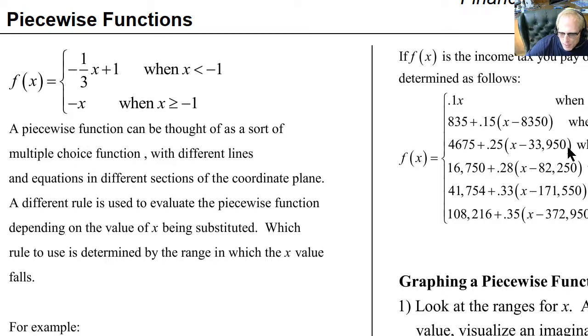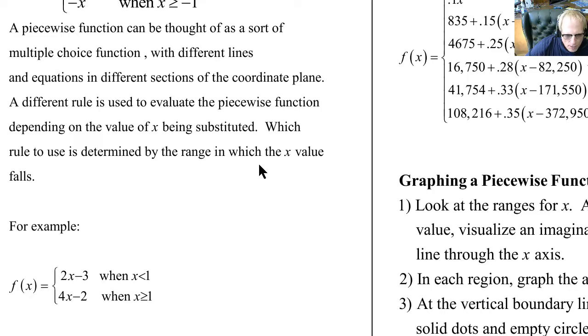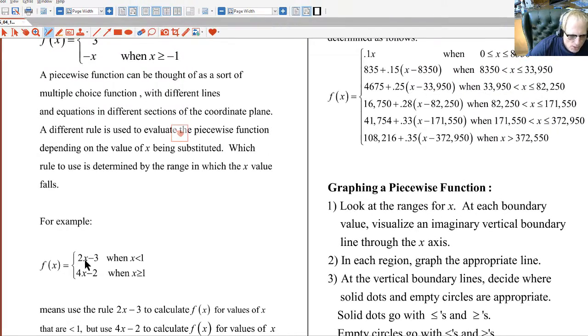That doesn't happen, so the restriction on x for the income tax code is x being greater than or equal to 0.